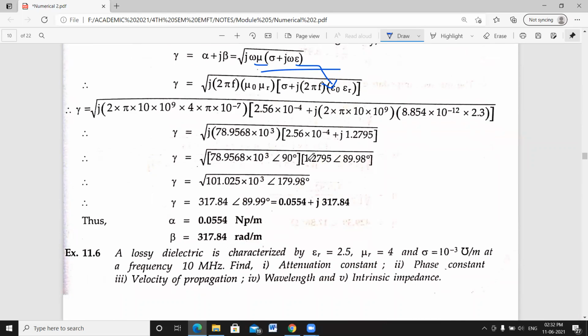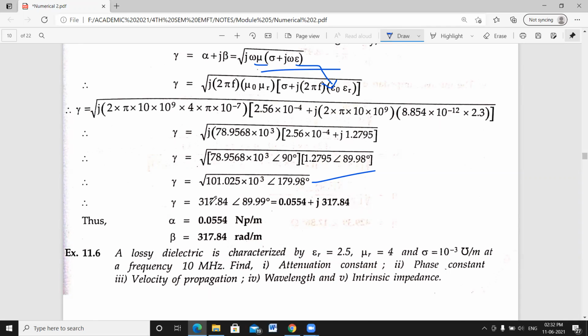In terms of an angle, you will be getting gamma as square root of 101.025 into 10 to 3 with an angle of 179.98 degrees. If I take the square root of that, I will be getting 317.84 with the angle 89.99 degrees. Converting from polar to rectangular, we're getting 0.0554 plus j 317.84.